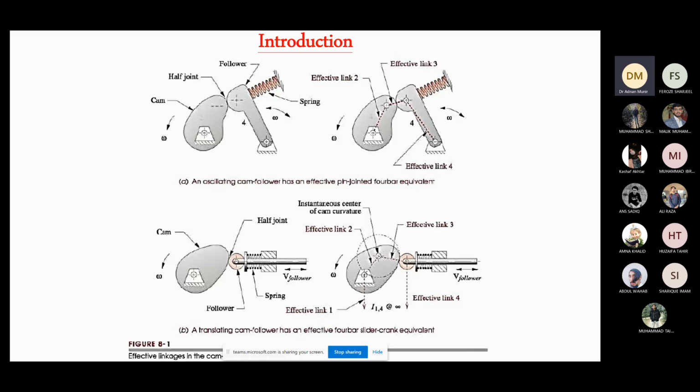There is a difference between the two. When the cam follower is oscillating, it is equivalent to a 4-bar pin joint mechanism. And if the follower is translating, in other words moving to and fro, it is equivalent to a 4-bar slider crank, as you can see over here.